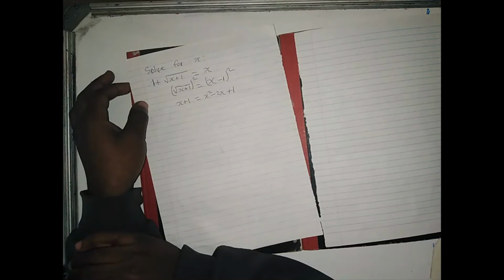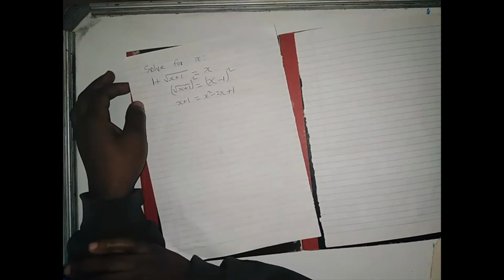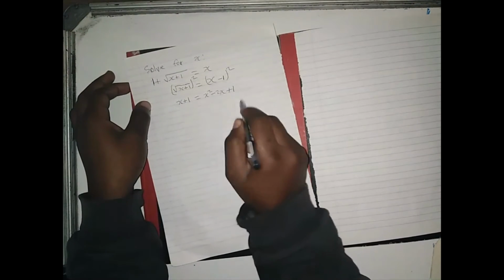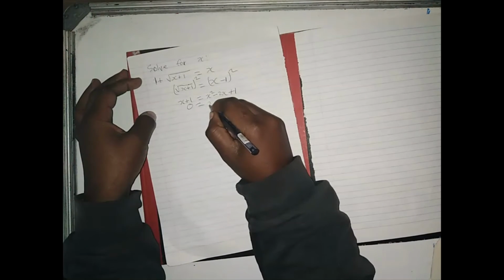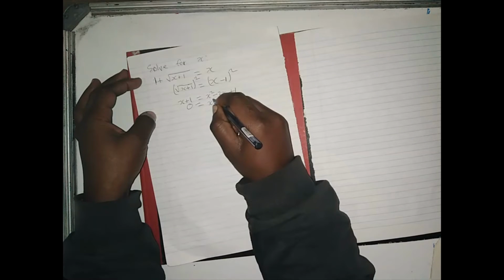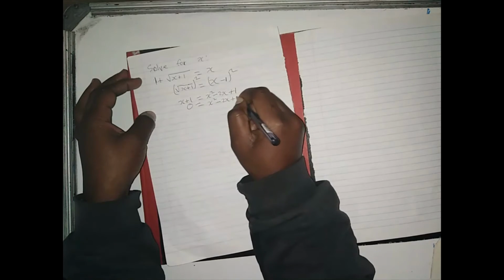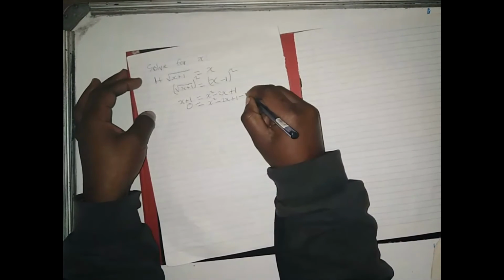Okay, and now you've got all of these things mixed. Now in order to solve a quadratic very well, you must have 0 on one of the sides. So you're going to take these two to the other side, and then you're going to remain with 0. So you're going to have 0, which is equal to nothing other than x squared minus 2x plus 1, and then take this x to this side, minus x, take this 1 to the side, minus 1.